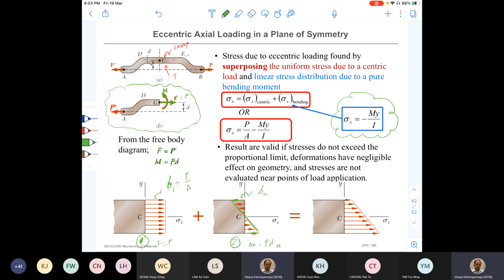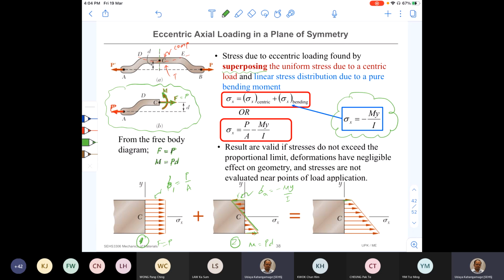It is given by sigma x at any point along the cross section equal to negative My over I. Okay, so now the stress state of the whole section is the addition of these two. By superposing the two stress states for individual loads, we can find out the total effect. So once you add the tensile stress caused by force F with the compressive stress applied at the top here, you get a stress which is less than the tensile stress in the first case, right?